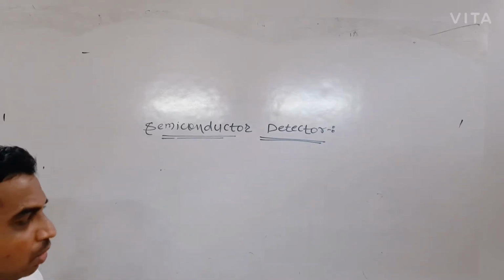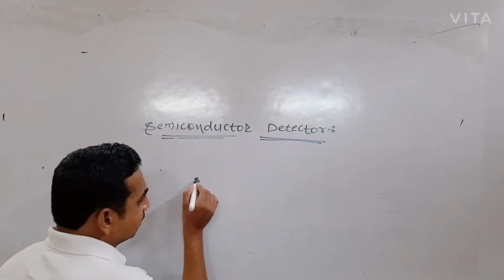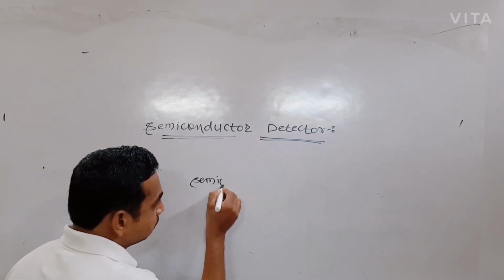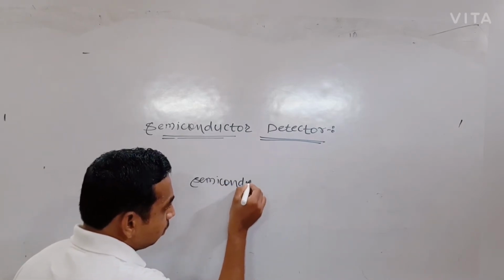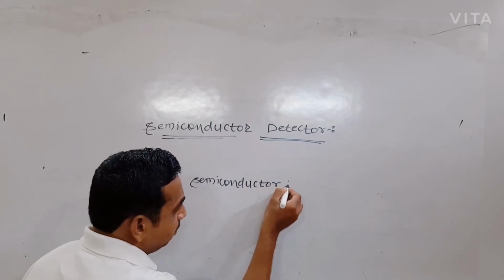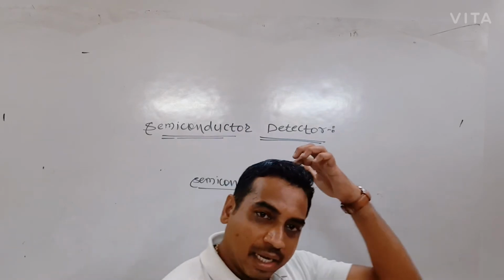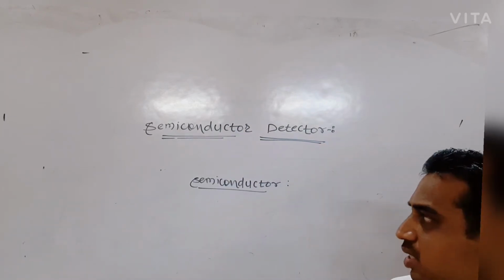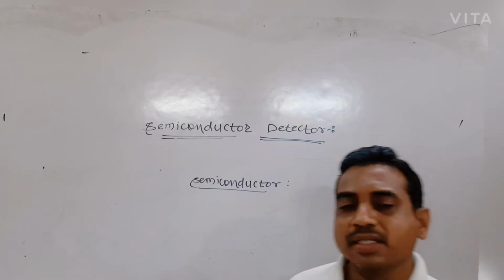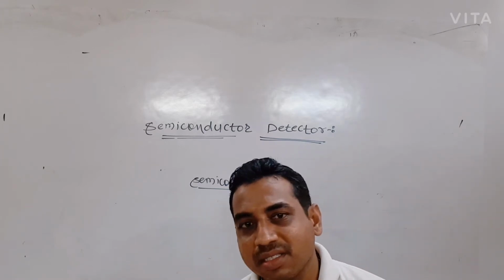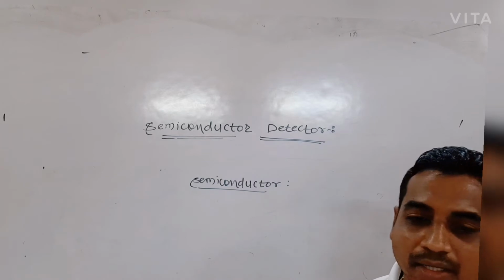First of all, we see what a semiconductor is. We know the materials are distinguished as conductors, insulators and semiconductors.